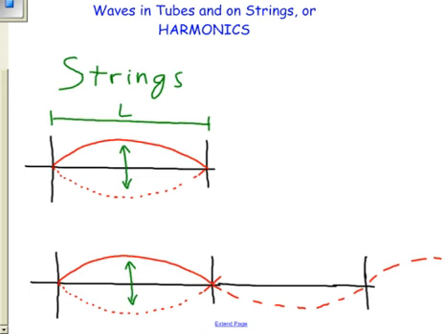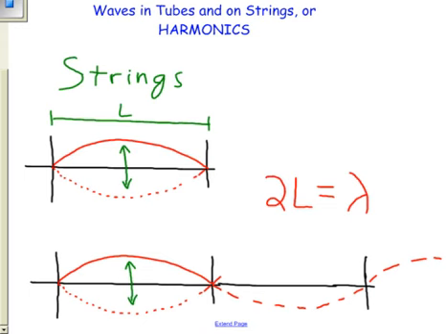So when I pluck a string like this, the length, or actually I should say two lengths equals one wavelength, or the length equals half of a wavelength. Just move the two to the other side. All right? I want you to put a big arrow towards this.